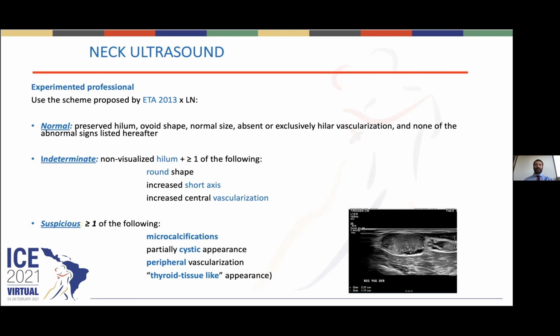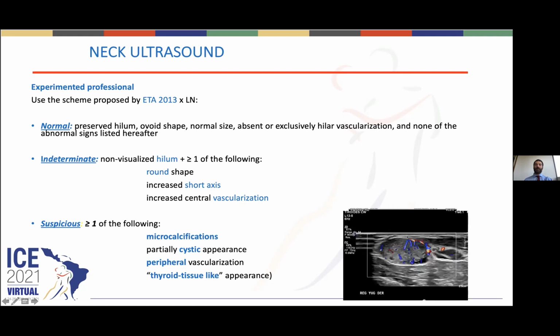I propose the scheme that was also proposed by the ETA 2013 guidelines, which divided the neck ultrasound findings into normal, indeterminate, or suspicious. Suspicious were those where the lymph node had one or more of the following characteristics: the presence of microcalcification, a partially cystic appearance, a thyroid tissue-like appearance, and or the presence of peripheral vascularization.